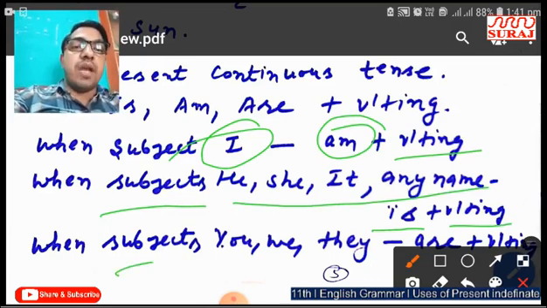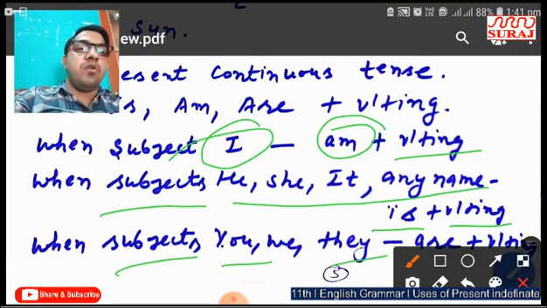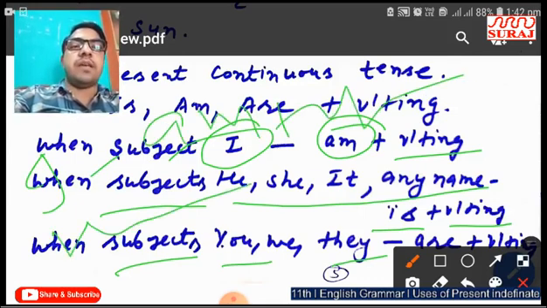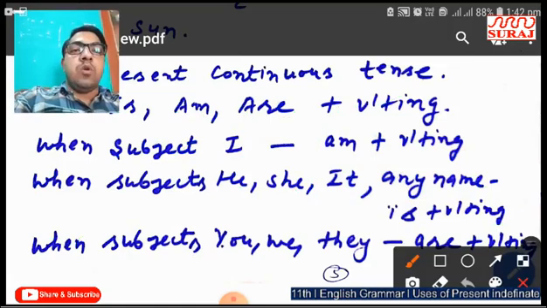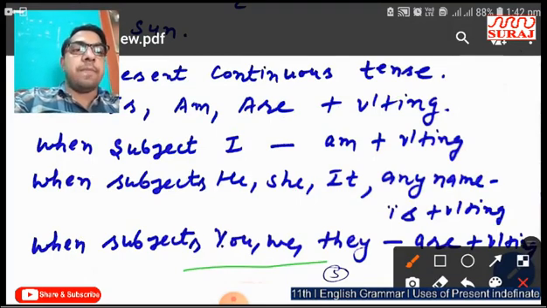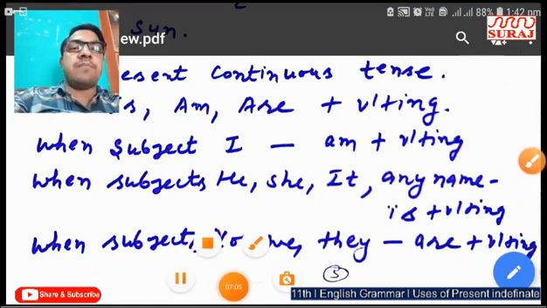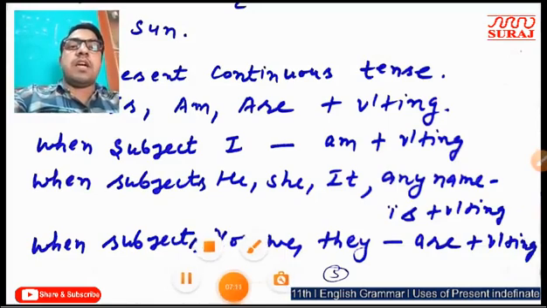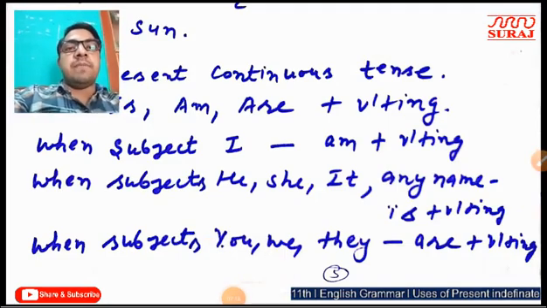When the subject is you, we, they, we should use are plus first form plus ing. These are the general points, the major points regarding present continuous tense.